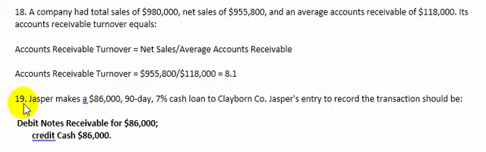Number 19. Jasper makes a $86,000 90-day 7% cash loan to Claiborne Company. Jasper's entry to record the transaction should be a debit to notes receivable for $86,000 and a credit to cash for $86,000.